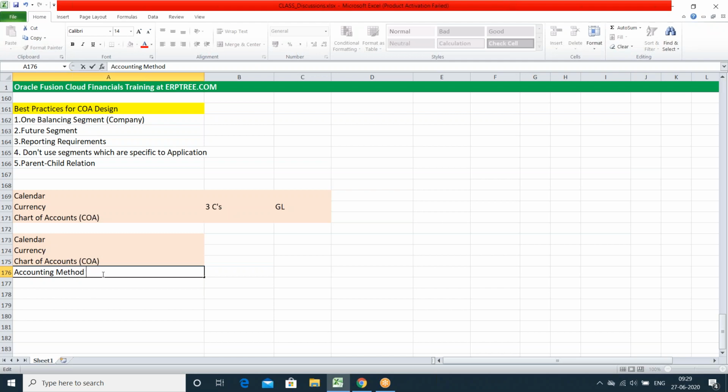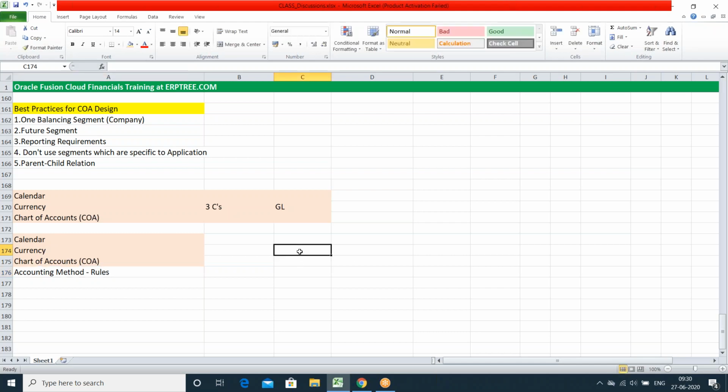In the accounting method, there will be accounting rules. In which application, for which transaction, which accounting entry the system has to generate, all the rules are already created. So if you use the accounting method also, only then can you create the transactions in the subledger applications.